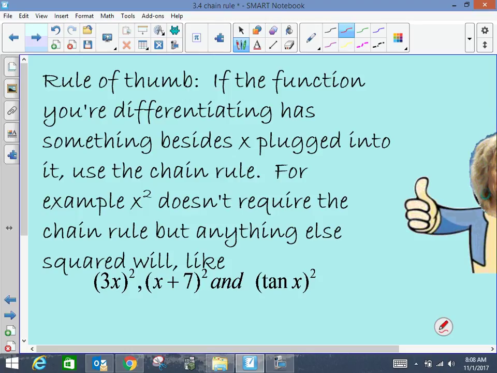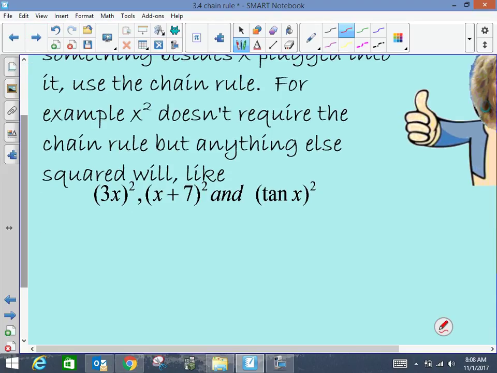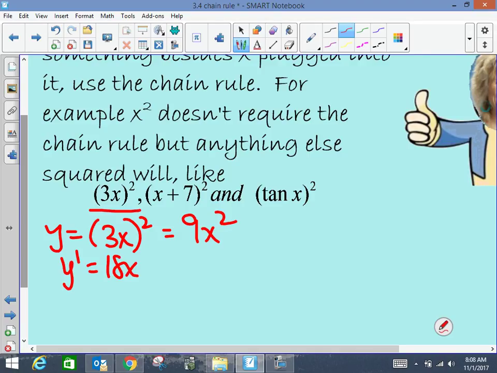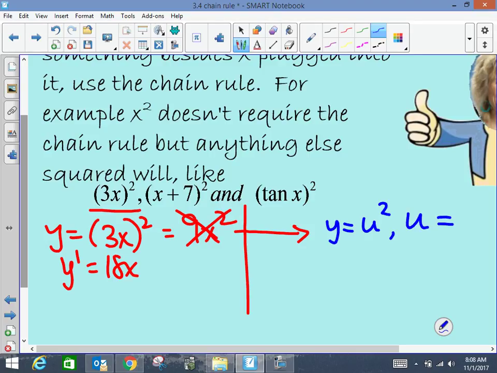Okay, so let's try another one. This is the rule of thumb: if the function you're differentiating has something besides x plugged into it, use the chain rule. For example, if y equals (3x) squared, I can do a quick power rule. Or I could do u squared, where u would be 3x. The derivative of u squared is 2u.